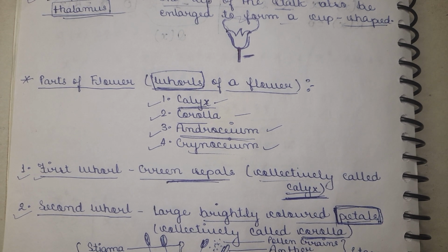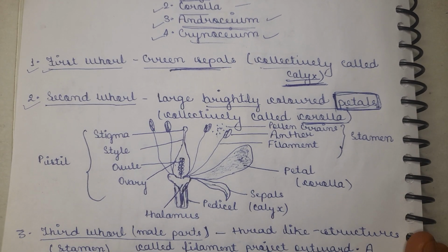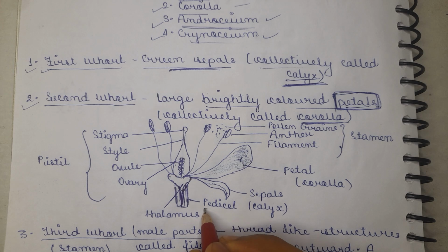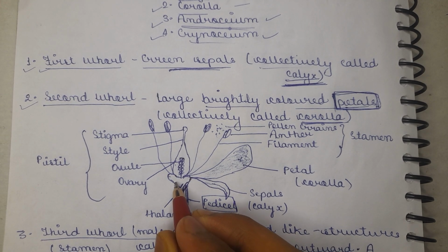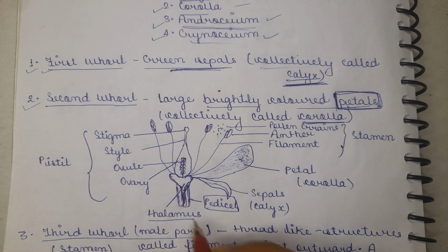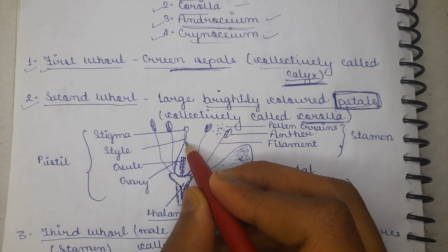Now if you look at the diagram of the flower, this flower consists of a stalk. This stalk is basically the pedicel, and above this pedicel there is an enlarged bag-like structure. This is called the thalamus, and inside this thalamus there is a pistil.